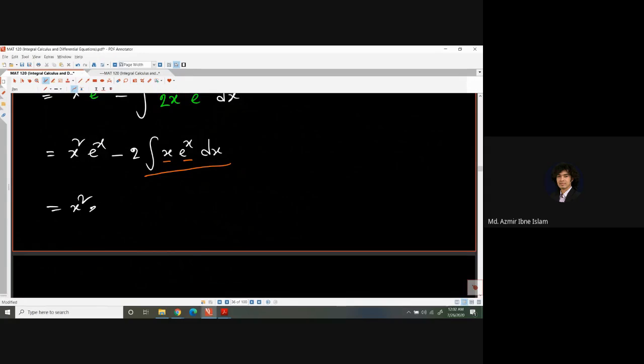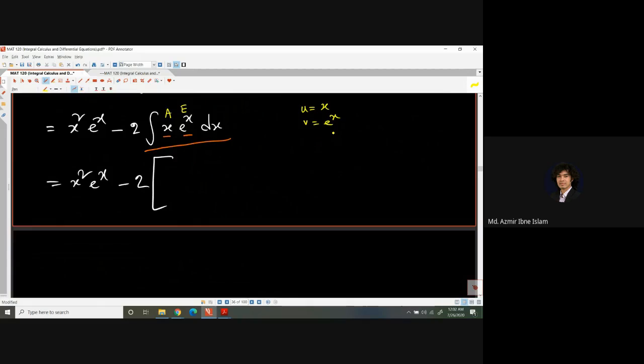So x squared e to the power x negative 2. So again we can recall the LIATE method. So x is an algebraic function, and e power x is an exponential function. So for this u will be x and v will be e to the power x. So let's try to apply integration by parts again.